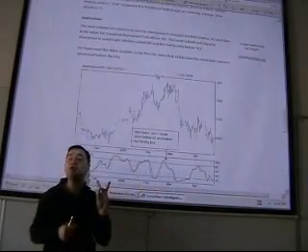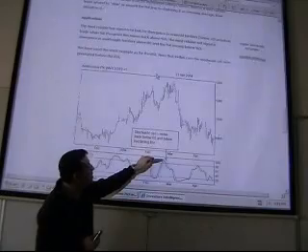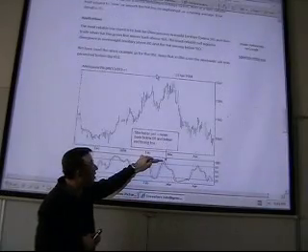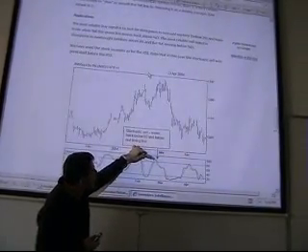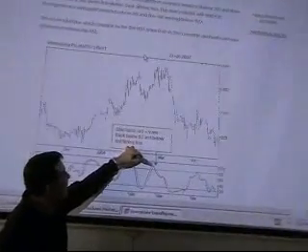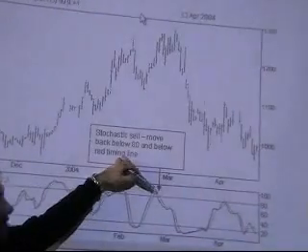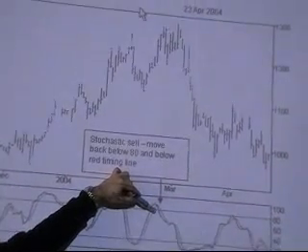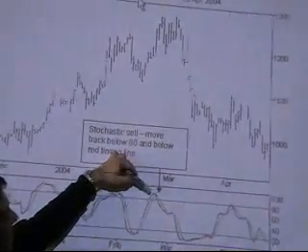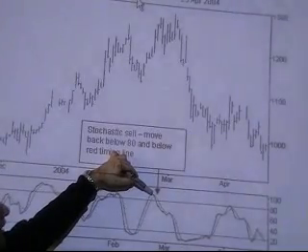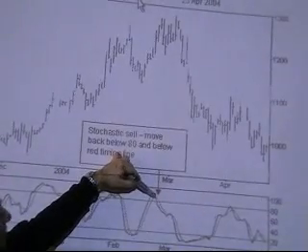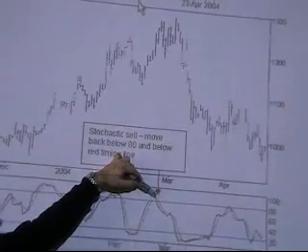A stochastic sell occurs when you have two things. Number one, you're in overbought territory, but the second, the thin line, or actually the thick line, goes underneath the thin line. So the black thick line goes underneath. In other words, not only are you in overbought condition, but the two lines cross.